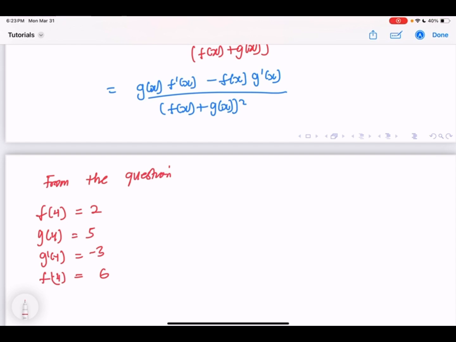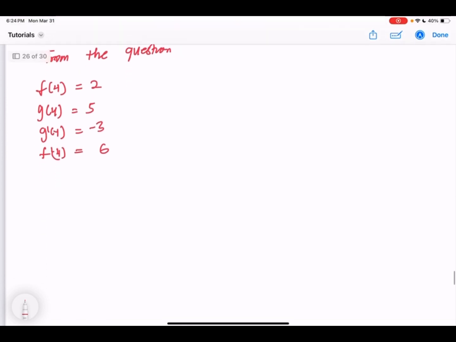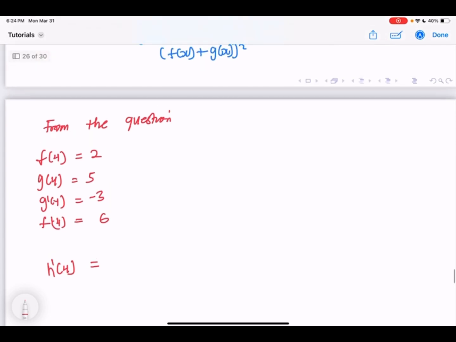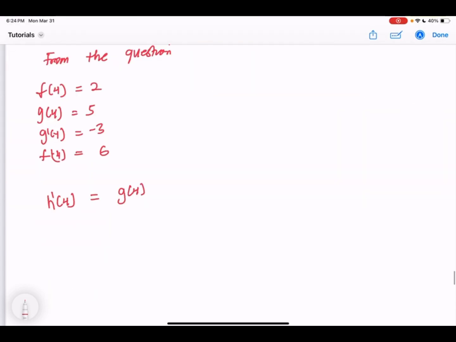So our goal is to find h prime of 4. So h prime of 4 will be giving us g of 4 f prime of 4 minus f of 4 g prime of 4 divided by g of 4 plus f of 4 all squared.